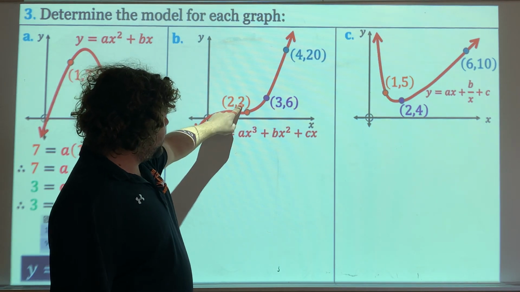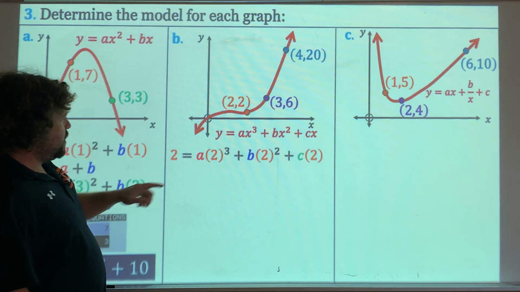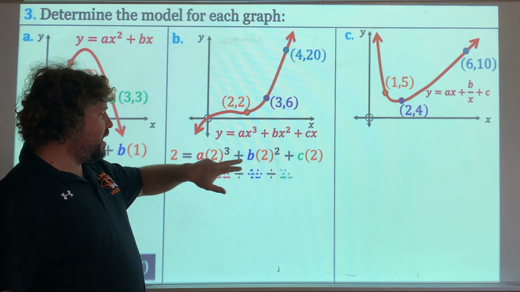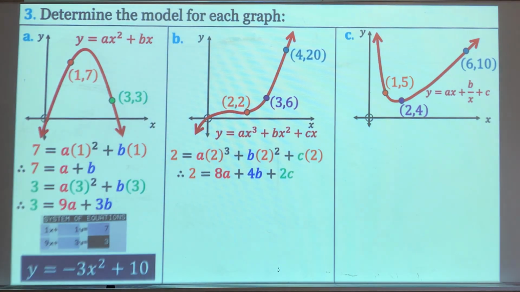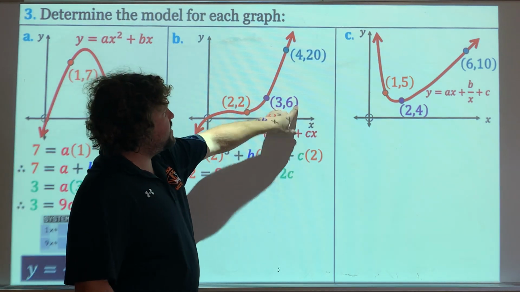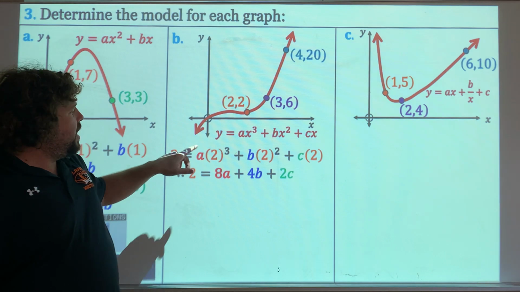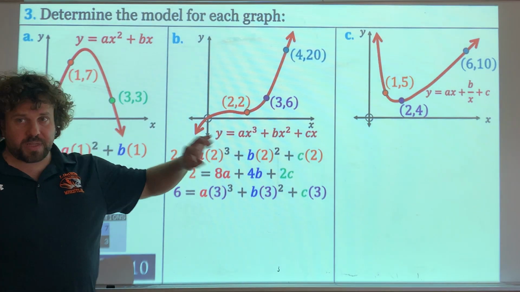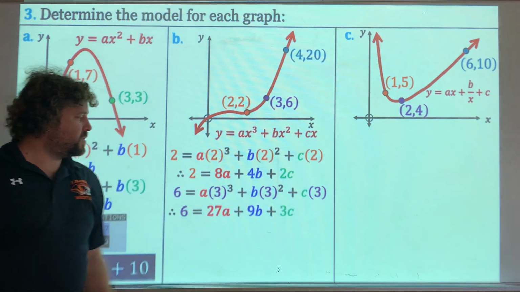All right, so 2 equals A times 2 cubed plus B times 2 squared plus 2C. 2 cubed is 2 times 2 times 2, which is 8. 2 equals 8A plus 4B plus 2C. Equation number 1. Equation number 2, 3, 6. Make sure you always put the Y first. 6 equals A times 3 cubed plus B times 3 squared plus 3C. 3 cubed, 3 times 3 times 3, is 27A. 3 squared is 9, plus 9B plus 3C.